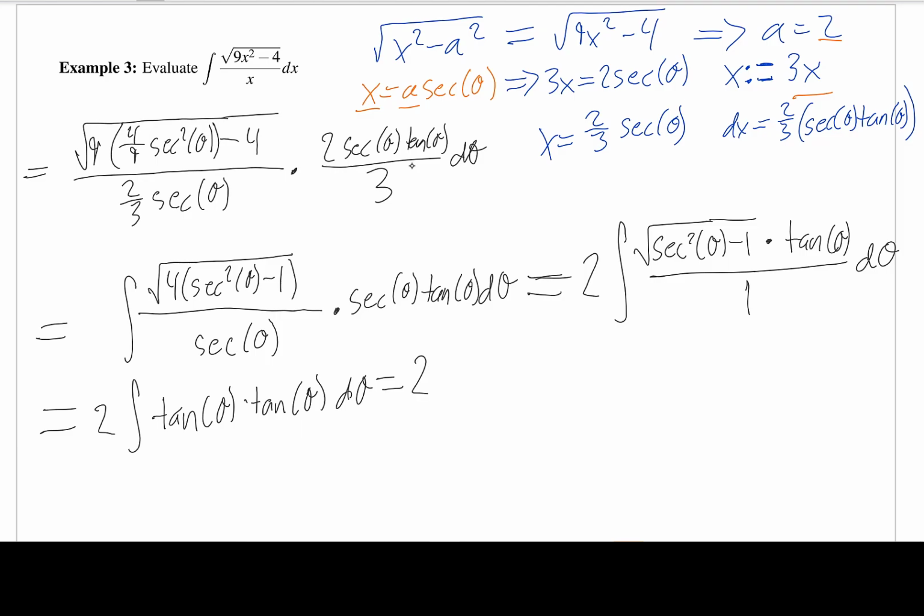And then what I'm going to do is multiply these together and then use our identity for tangent squared theta. And so this should be equal to 2 times the integral of secant squared theta minus 1 d theta.